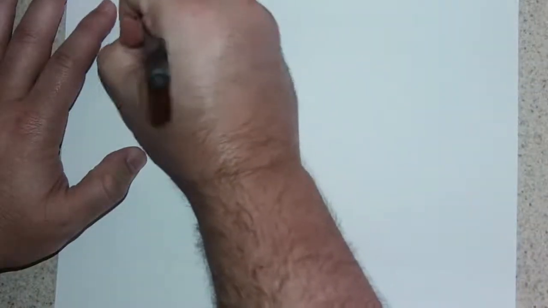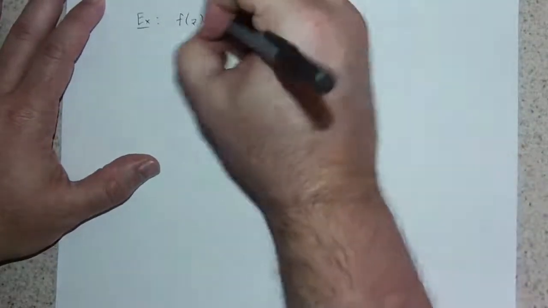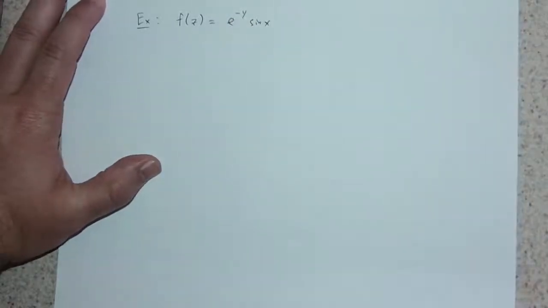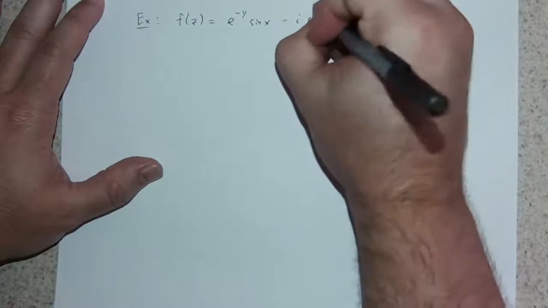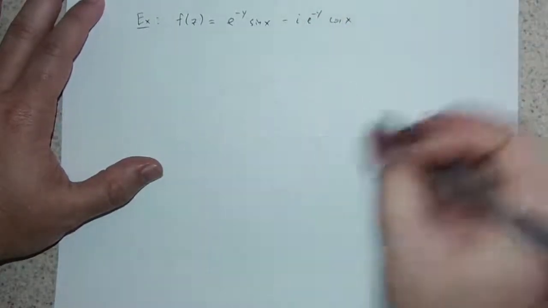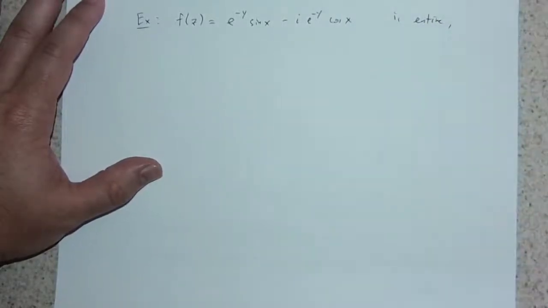So what are some examples where we can use this fact? One is if f of z is given in terms of its component functions. So if I have e to the minus y sine x minus i e to the minus y cosine x, you can show that this is entire. So it's analytic everywhere.